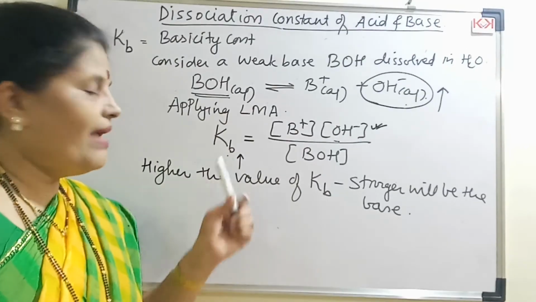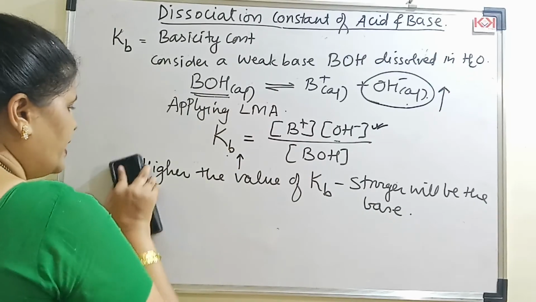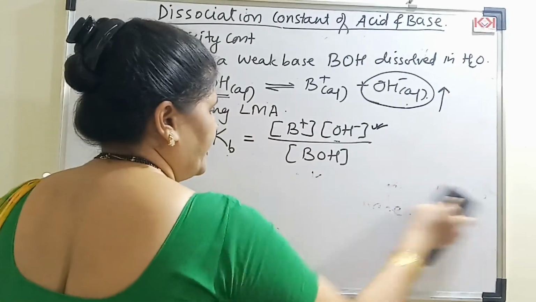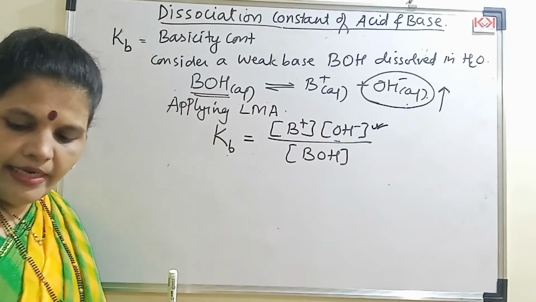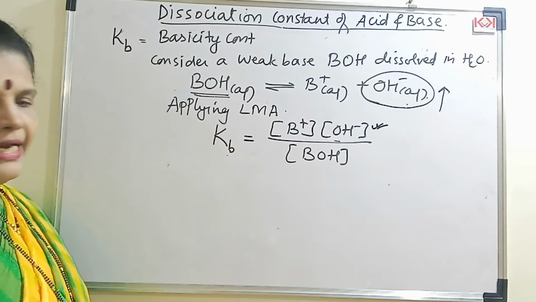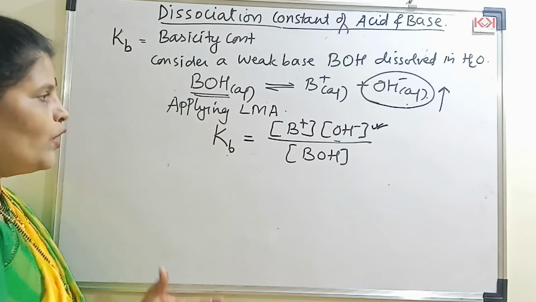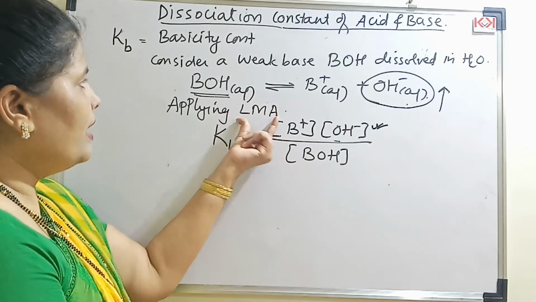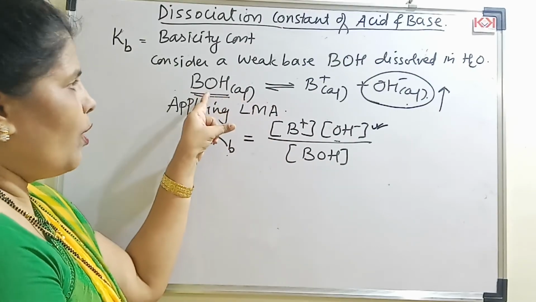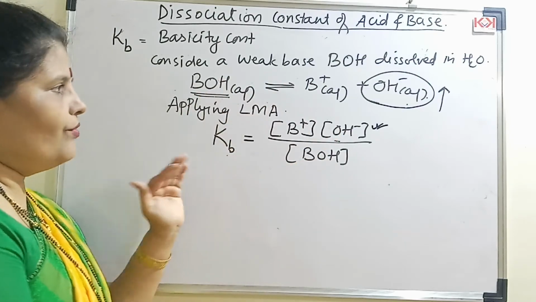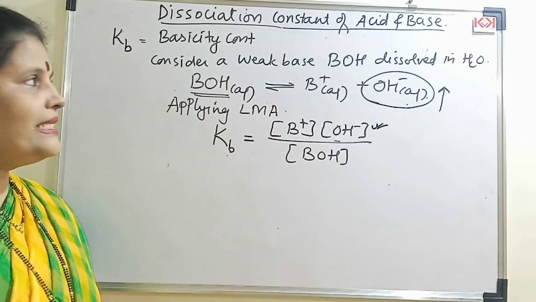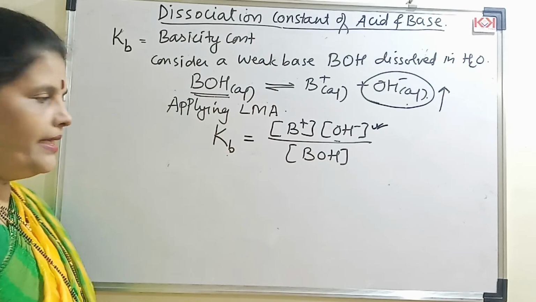Again, if I want to define basicity constant, the basicity constant of a base can be defined as the constant which is obtained by applying the law of mass action to the dissociation reaction of a base. So this is how you can define the acidity constant and basicity constant.